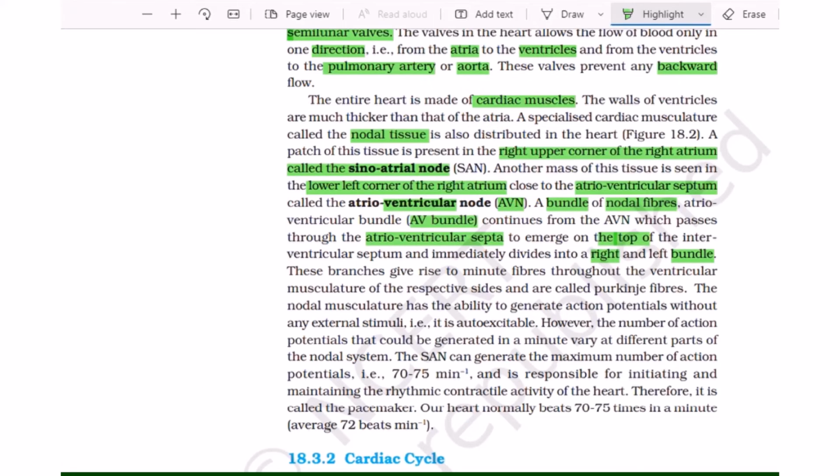Now coming back to the text, the nodal musculature has the ability to generate action potentials without any external stimuli. That is, the heart is auto-excitable and it is involuntary. However, the number of action potentials that could be generated in a minute varies at different parts of the nodal system, and the SAN can generate the maximum number of action potentials.